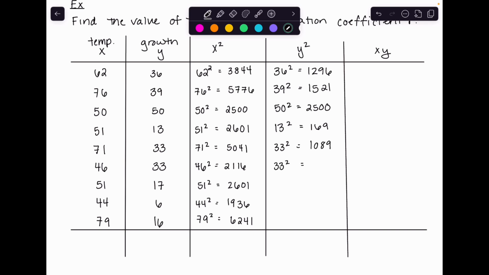And same thing again, 33 squared is 1,089. 17 squared is 289. 6 squared is 36. And finally, 16 squared is 256.